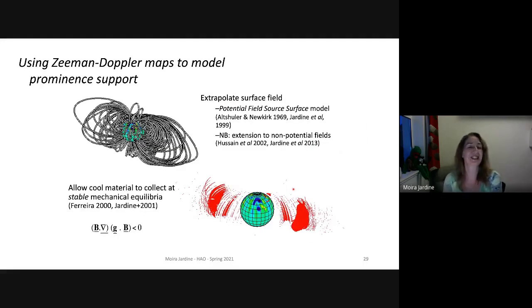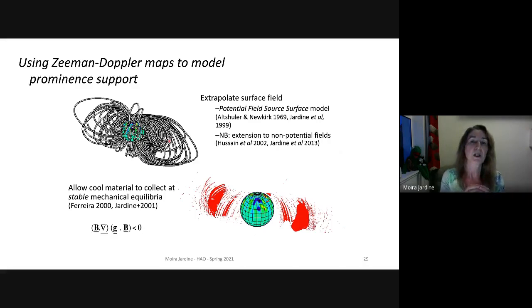So how do we test this? Well, we can take the Zeeman Doppler images, and we can extrapolate the magnetic fields. This is a potential field extrapolation, but there are other ways to do it. And we can look for stable locations within that field, so sites where material could accumulate.